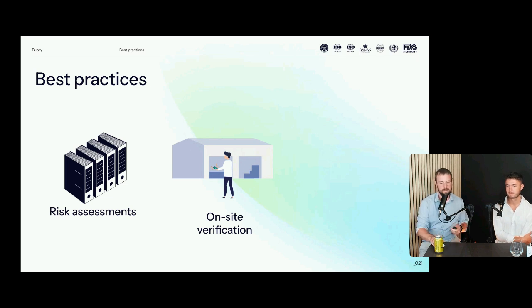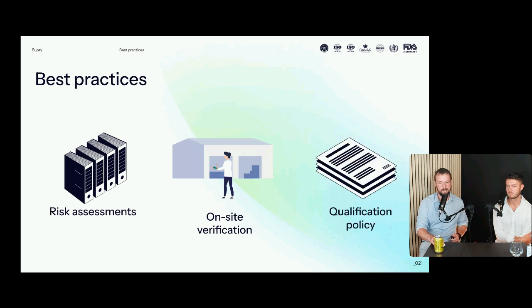And lastly, we have: create a qualification policy or validation policy. What I mean by that is that auditors are very happy to see that you've considered, on a general level, on a policy level, how you plan to qualify and thereby also map your facilities and your equipment.